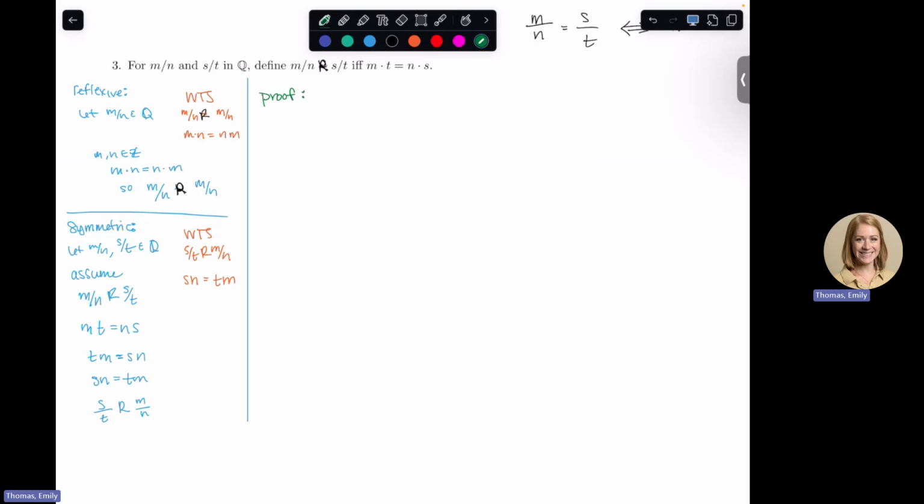Okay, so define, I've got to think through my words here. I don't want to do the same thing where I let M and N and S and T be in Q and then don't call them again. I don't like that. But maybe I just do that anyway.